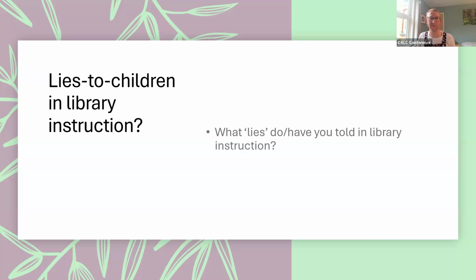And it might be because of time, it might be that you're in a rush, it might be that you don't want to bombard them with complexity. But if you've had experiences like me, I've often said things which I know are strictly speaking not quite true when I'm teaching. So if anyone wants to share this in the chat, please feel free. I'm going to talk to you about some of the lies that I've told when I'm teaching.